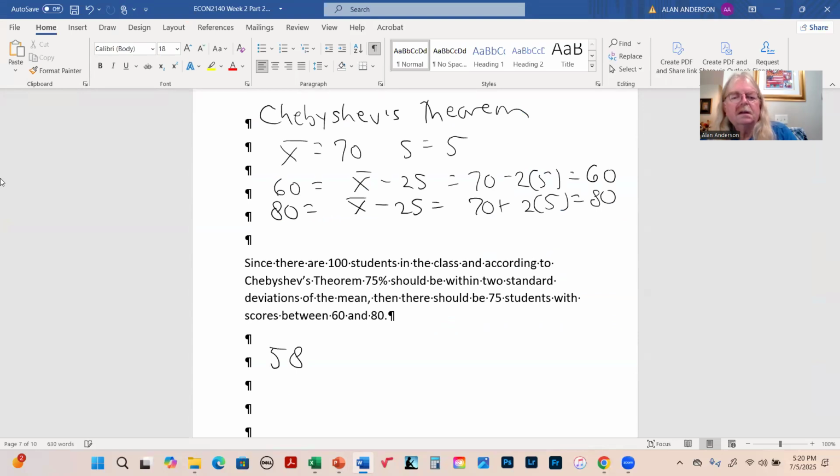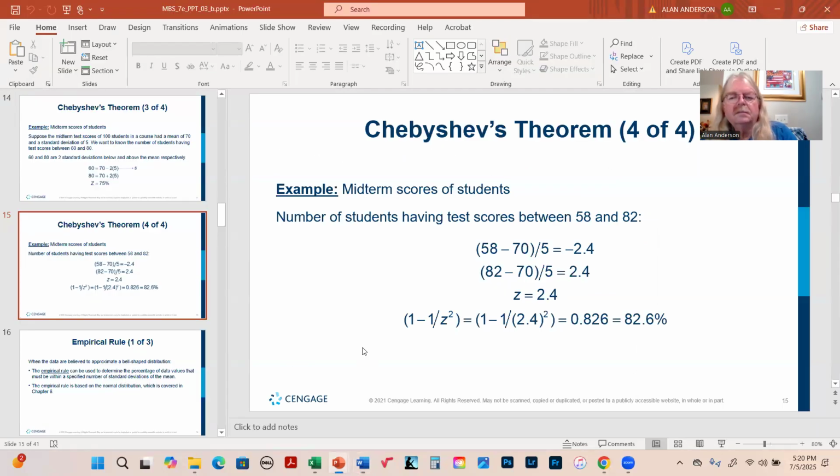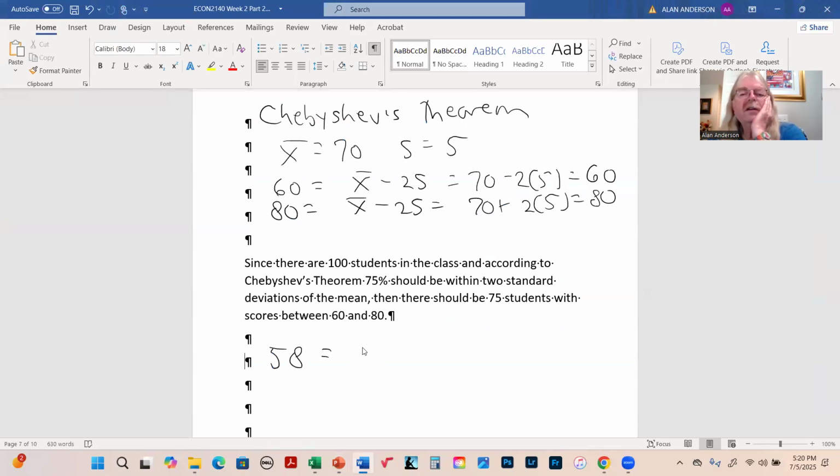58. And by the way, how do you figure this out?